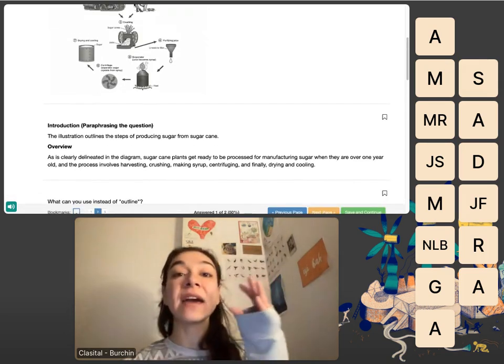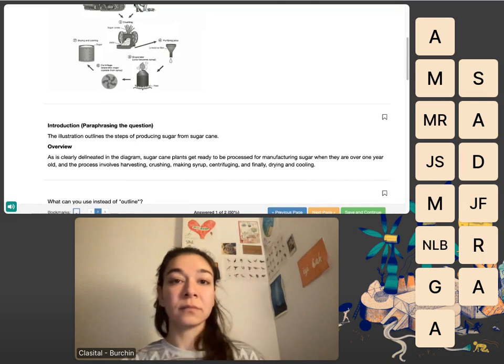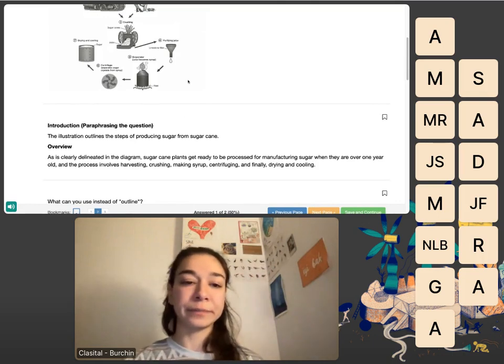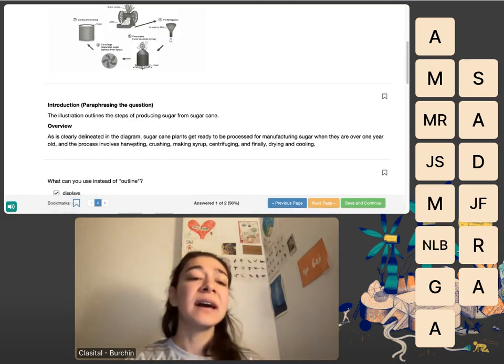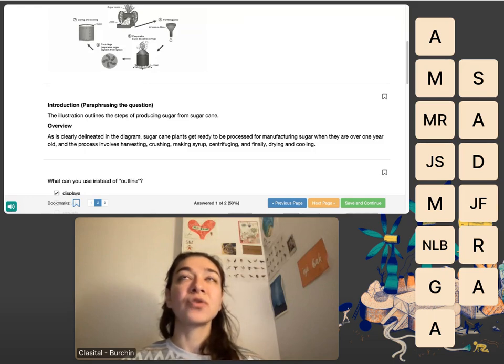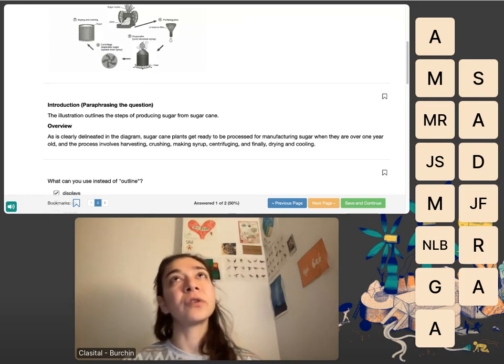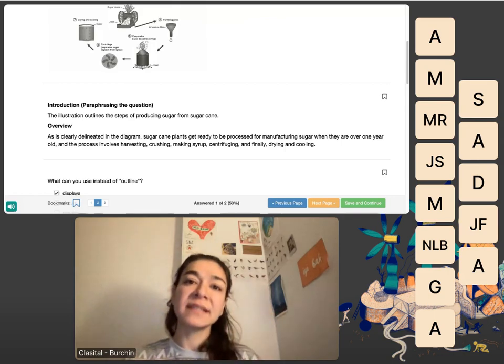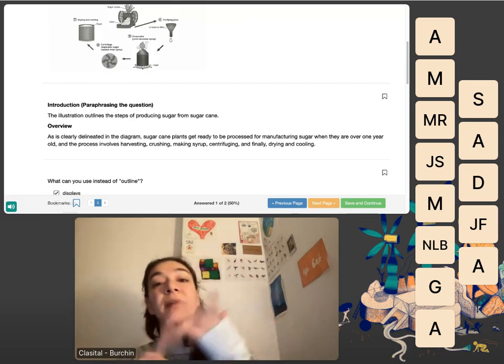So this is a very general overview. For example, you can say as it can be seen from the diagram, sugar is produced from the sugarcanes in 7 processes. These are blah blah blah blah.